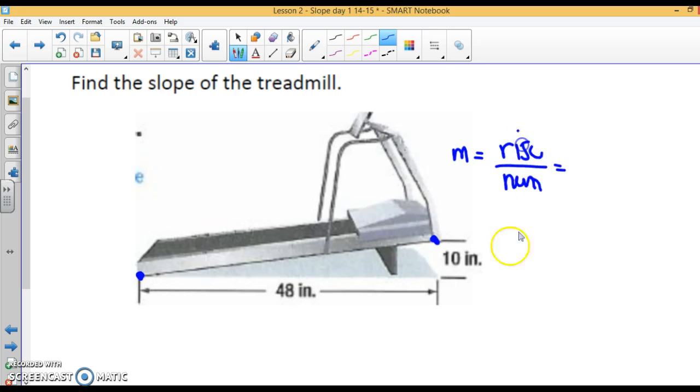Take a look at this line from here to here. That line is going up to the right, so we know that it's going to be positive. If I go from this point over to this point, my rise, I'm going up 10, and my run, I'm going right 48. Rise over run. If I reduce this, I will have 5 over 24. So my slope is 5 over 24. It is positive. The line is going up. Rise over run.